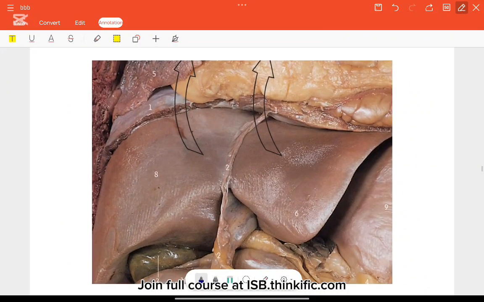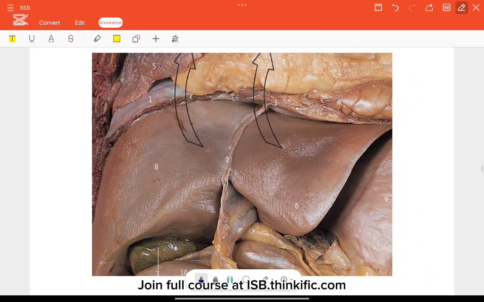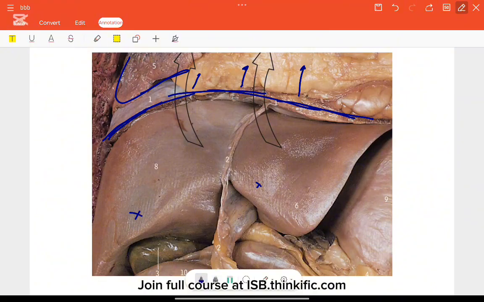So if you look at this dissection, we see what? We see that this is the diaphragm. Okay, let's orient ourselves. Those above is the chest. This is the right lung, okay? And we see that's liver, of course. This is our beloved liver, here, right? This is the right lobe. This is the left lobe.